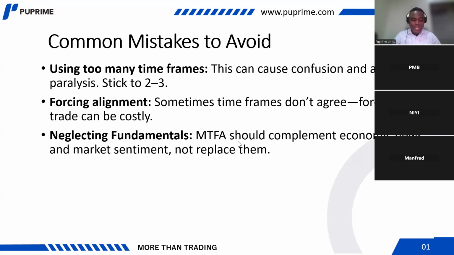If you say, I've analyzed the market, my weekly, daily, 4-hour, everything is in the same direction, and I'm looking at an opportunity to buy, but there's upcoming news and you decide to ignore it and place the trade, the news may still come against that trend and you may still end up losing. So it should be used to complement economic news and market sentiment and not to replace them.